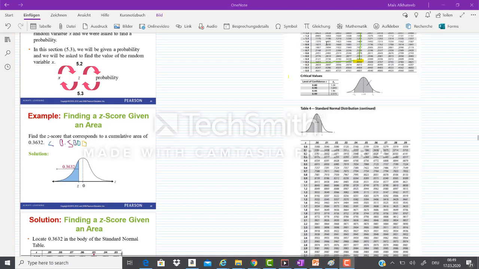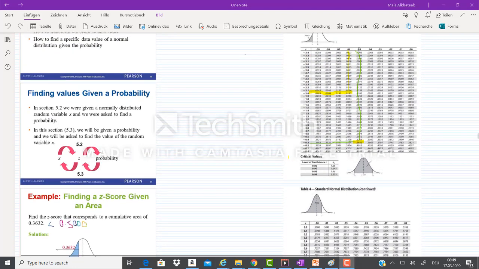I can find 0.3632 here. For the corresponding z, I go to the line to find the first two numbers, which are 0.3, and the third number in z is 5.